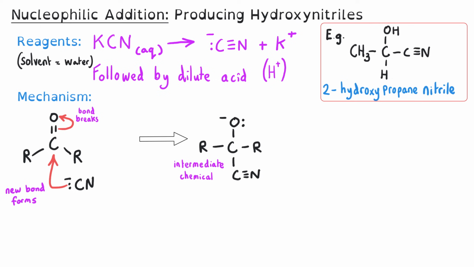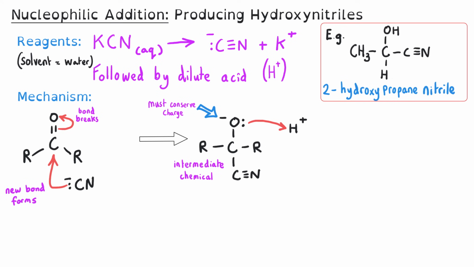But because we need to conserve the charge from one stage of a reaction to the next, the oxygen that took that pair of electrons from the carbonyl double bond needs to be negatively charged because now the cyanide is neutral. And then to finish this mechanism off, the oxygen with that negative charge and the lone pair of electrons that it took from out of that carbonyl double bond attacks a hydrogen ion from the dilute acid.